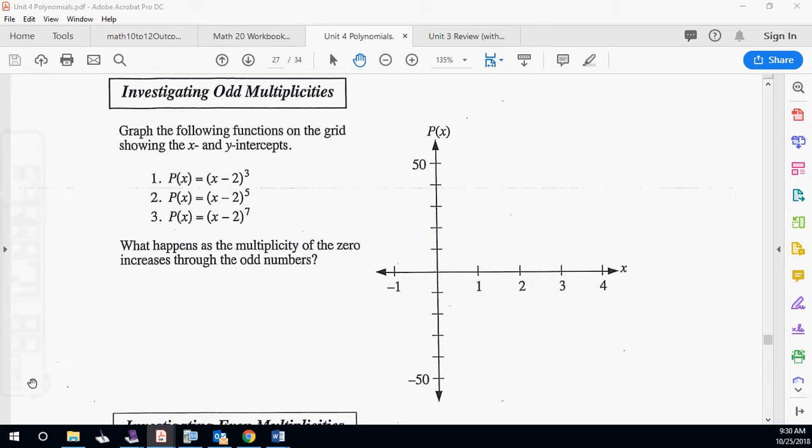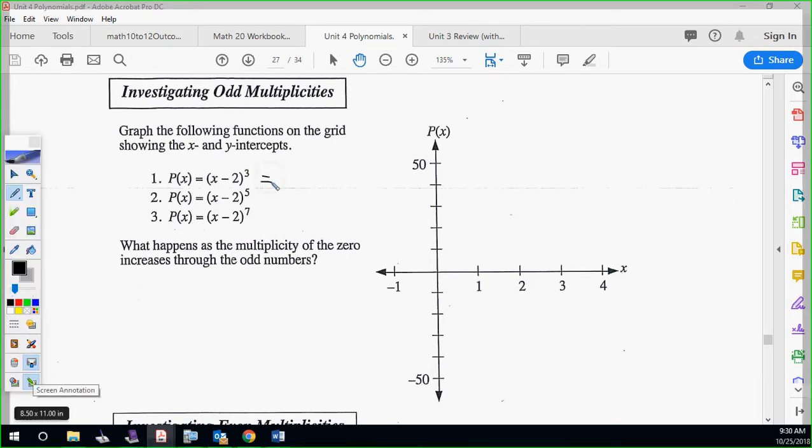Negative 2 cubed, right? Not 3 times 2. So my y-intercept for this one is negative 8. And it stays negative, right? Negative 2 times negative 2 times negative 2. So that's 3 negatives. So with a 5, what's 2 to the 5th? Right. And then this one's going to be negative 128.